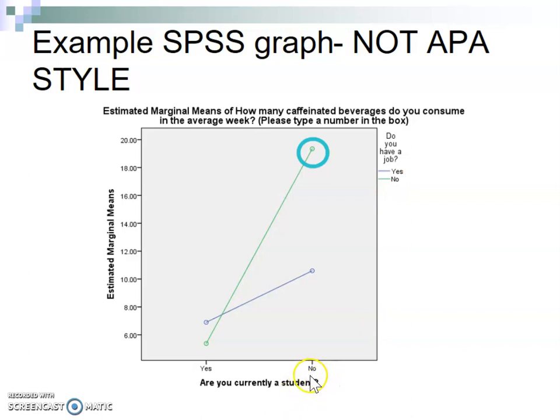And then you can see that that data point is above the no, I am not a student. So this data point represents the people who don't have a job and also aren't students. So that's the highest value. And then we see our lowest value is here, which is the people that are a student and don't have a job, because it's green.